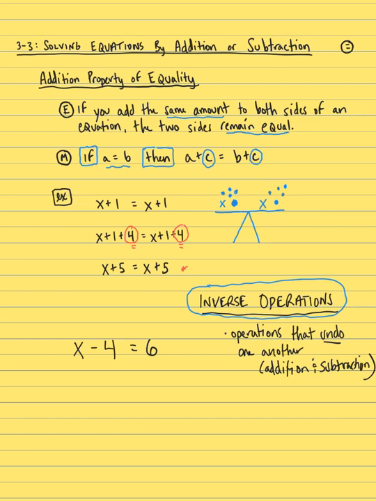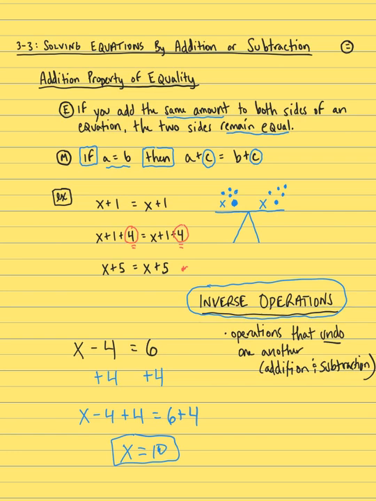But we could use the addition property of equality and say, hey, we can add 4 to both sides, not upset the seesaw here, have the two sides remain equal. Over here on the left, you can see that these are inverse operations and they cancel each other out, they undo one another. And now we have solved the equation, right? We have come up with the value for the variable that makes the equation true.